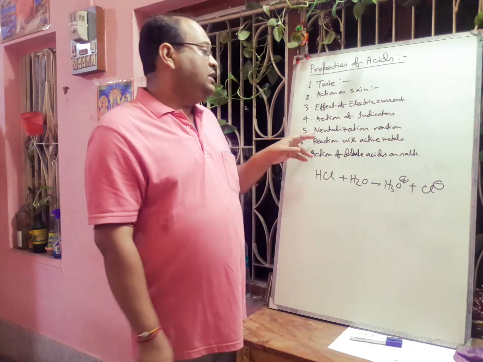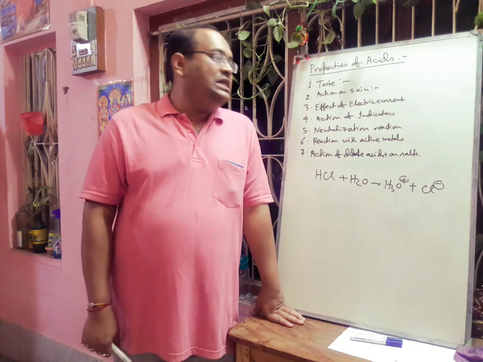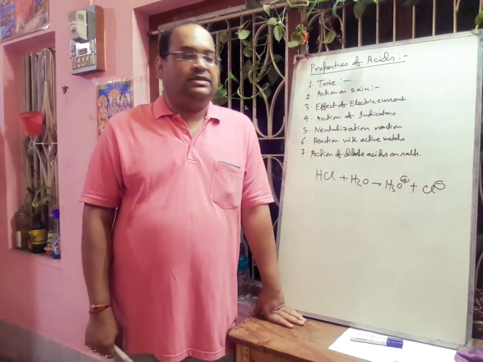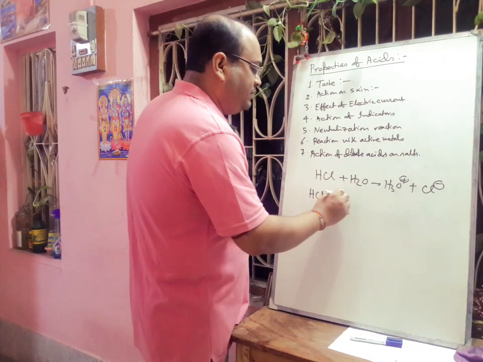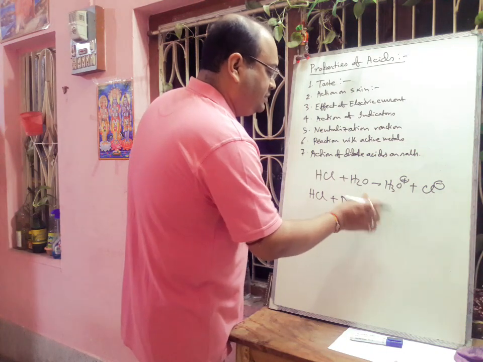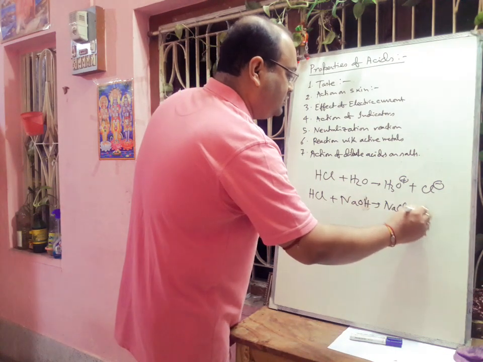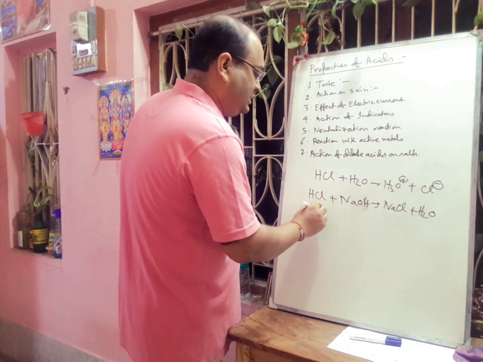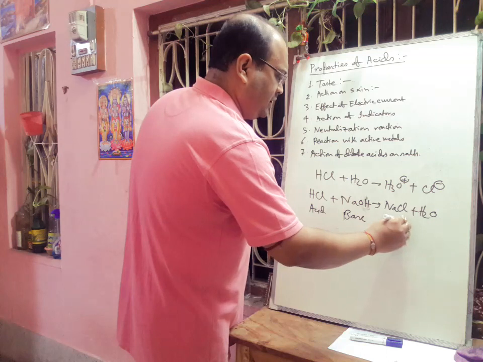Next we will go to the neutralization reaction. Acids generally undergo neutralization reaction with base. If we take any acid like HCl, it will react with base to form salt and water. Sorry, HCl plus NaOH will form NaCl plus H2O. So this one is an acid, this one is base, forming salt and water.